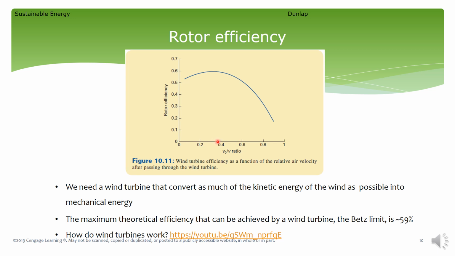If the relative velocity is low, it means that it extracts more energy from the incoming wind.